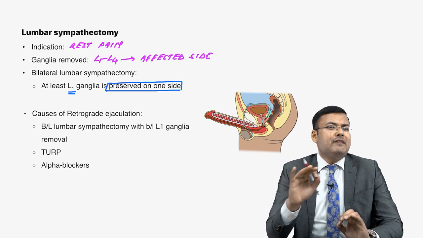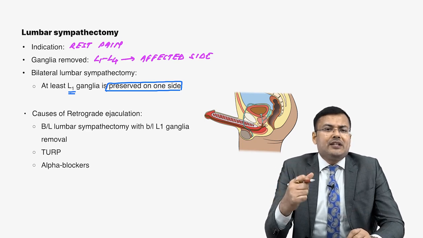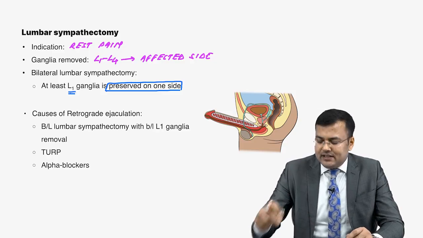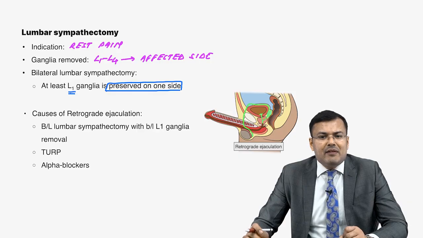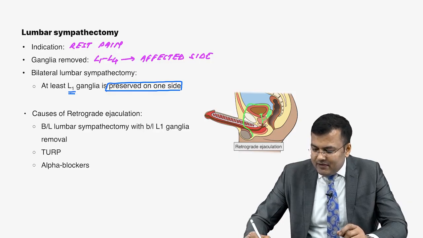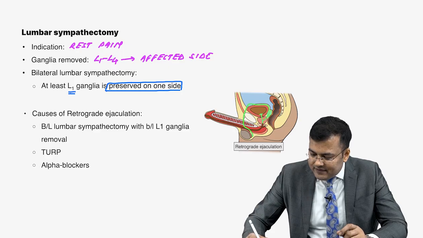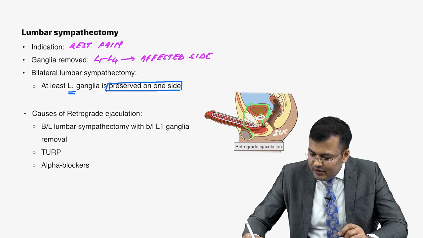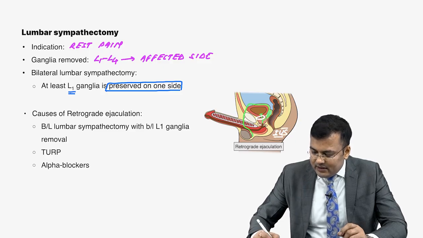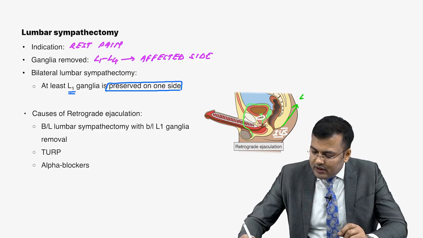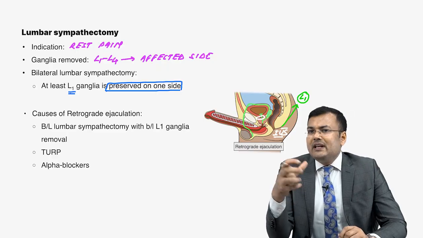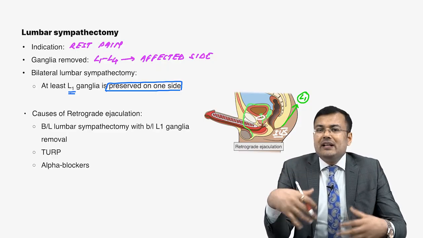Okay, let me tell you, it's very, very easy. We discussed that erection is because of the parasympathetic system, ejaculation is because of the sympathetic system. So you can see here, at the time of ejaculation, what will happen? There is one sphincter near the bladder neck. What's the name? This is the internal urinary sphincter. This is under sympathetic control, under L1 sympathetic ganglia. It's a smooth muscle. So whenever there is sympathetic stimulation, there is ejaculation.